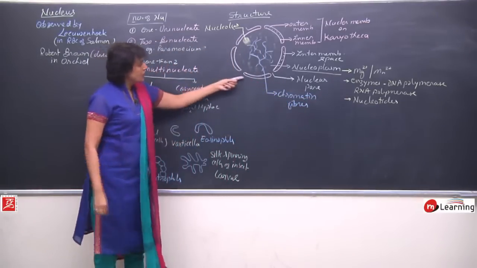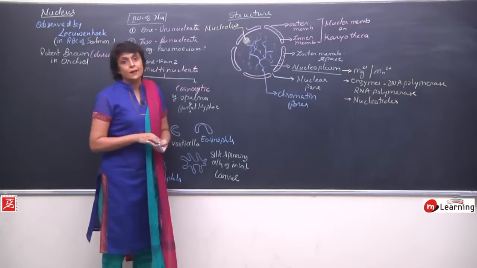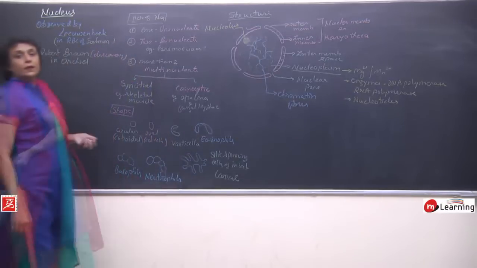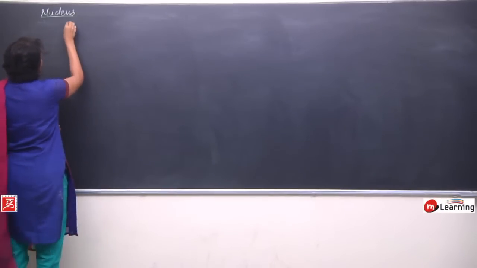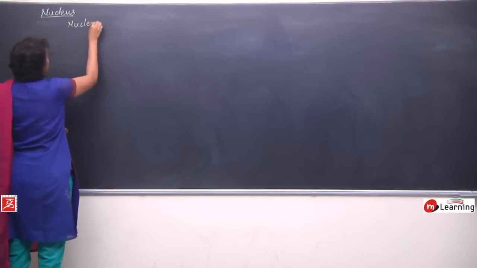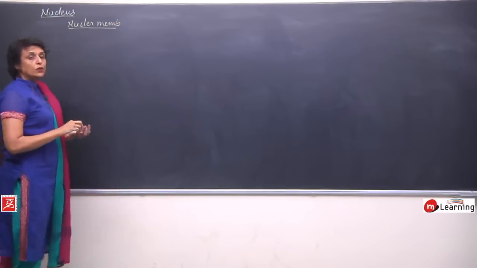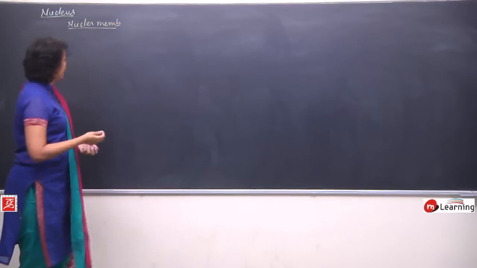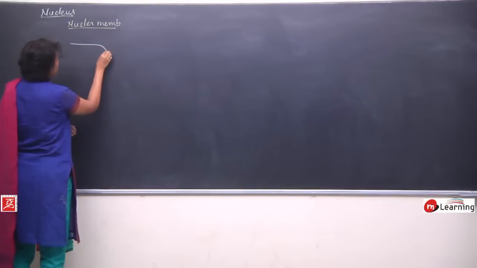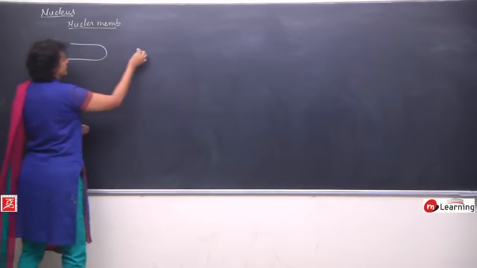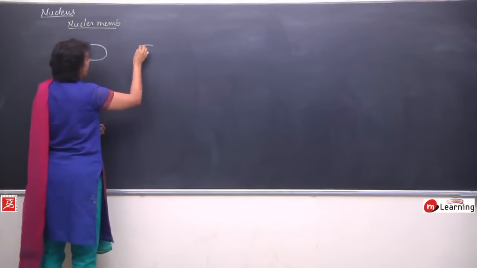Now when we come to these individual structures, let us first talk about the nuclear membrane. Let us take all these structures in detail now. As we said, the nuclear membrane is a bilamellar layer. That means there are two layers, the outer and inner. And we are taking the nuclear pore also, which is present in the membrane.